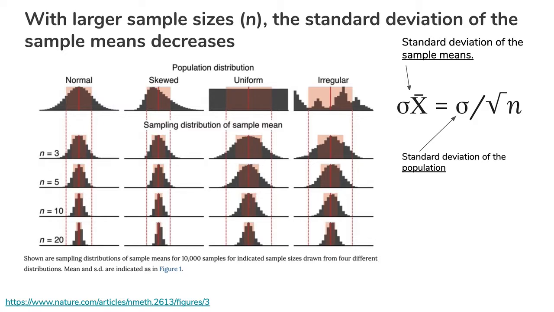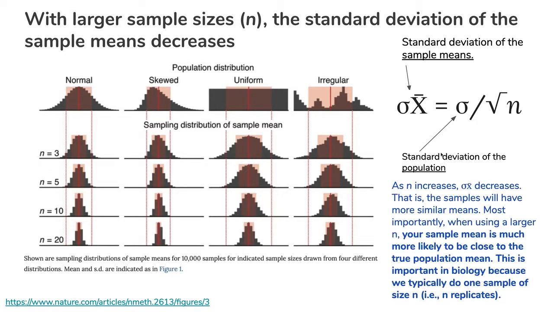We also learned that the sampling deviation, or the standard deviation of the sample means, is really a function of that sample size. So you notice that the denominator is n, the sample size. So as sample size increases, this standard deviation or the variation decreases, and that's what you see in this plot.